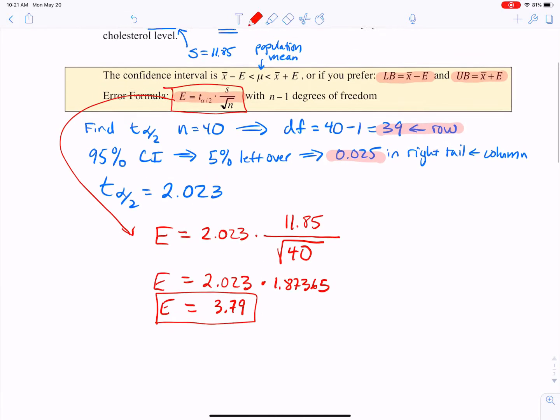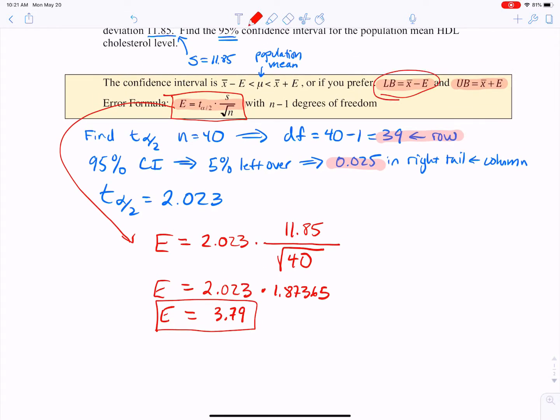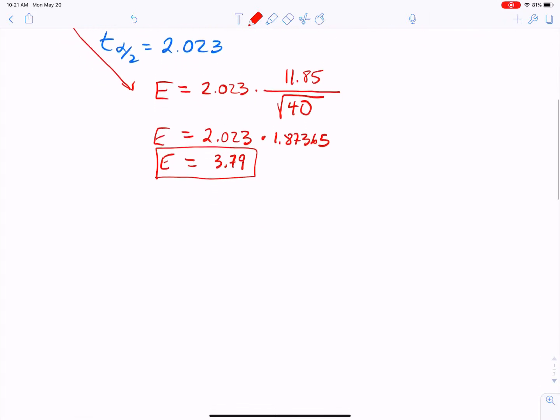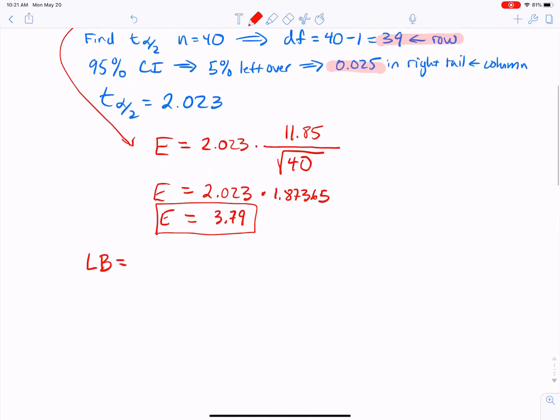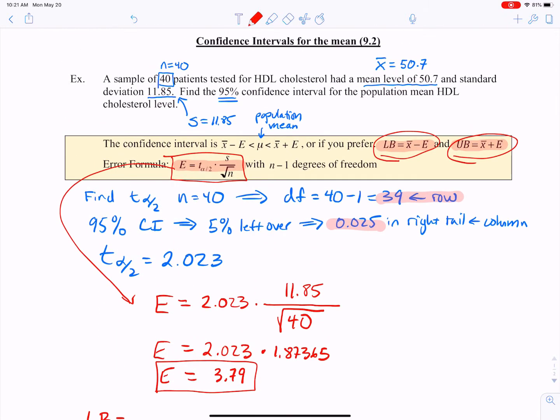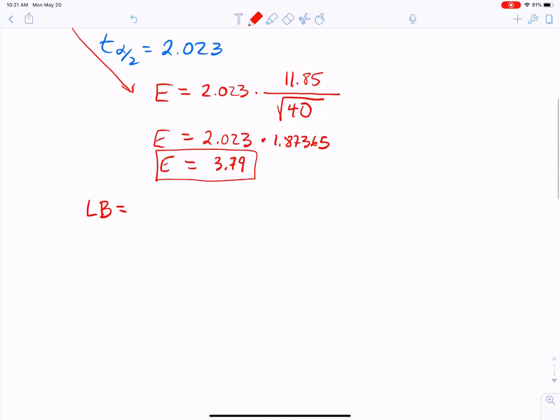Okay, so now how do we use it? Right back over here, we have to do the lower bound and the upper bound, where we take the sample mean and we add and subtract the margin of error. So our lower bound is going to be the sample mean. And the sample mean was what again? Oh, right, 50.7.